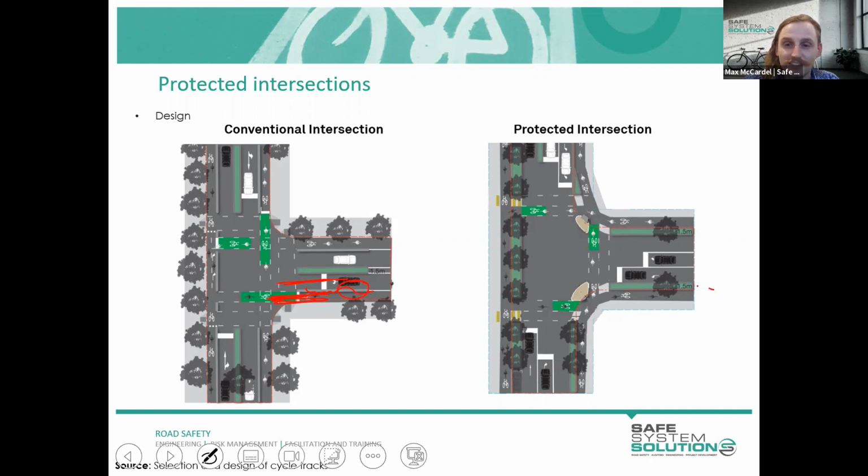But a protected intersection, you'll see it provides this offset. That's that offset that I was talking about before. That is achieved through the use of this corner refuge island. You can also see it there in the other quadrant as well. And that is what really provides or maximizes our sight lines between left turn traffic and cyclists crossing at that location.